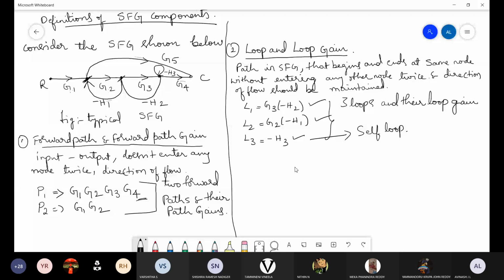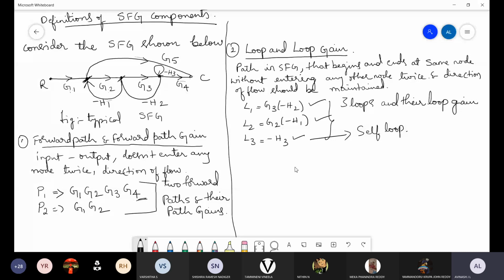Yes, sir. Okay. So now see why I'm stressing the forward path, why I'm stressing the loops and loop gain. Because in the numerical, we must see clearly how many forward paths are there, how many loops are there. That is the process. In order to complete that process effectively and correctly, we must learn all these things correctly.